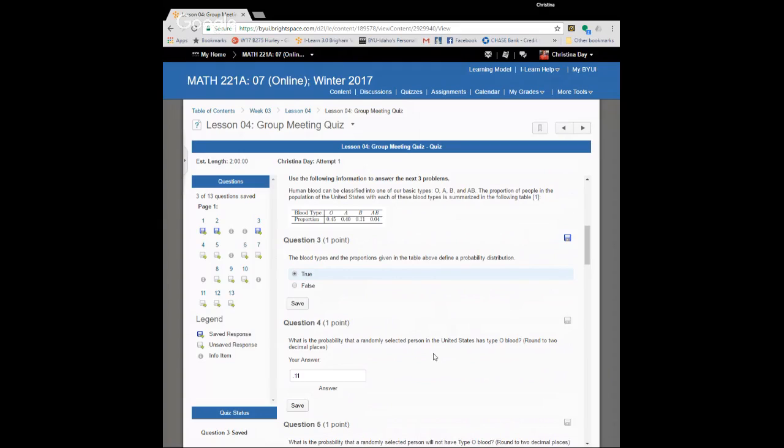But I think that's right, because for probability, you take the proportion and divide by the number. By 4? Or by what? Yeah, by the total amount of, the 4 different types of blood.